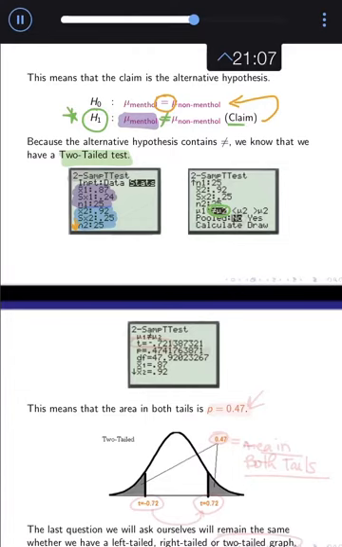Remember that we're always going to leave our pooled or not pooled here as no. And then we'll go ahead and tell our calculator to calculate. Remember, it's going to give us two pieces of information. A t, because it's a sample standard deviation that we have. So it's going to give us a t and a p.